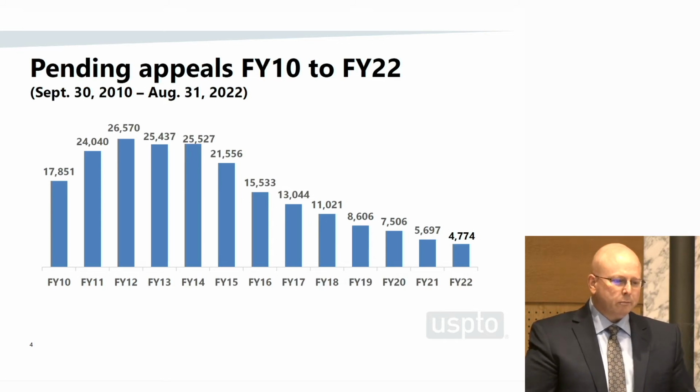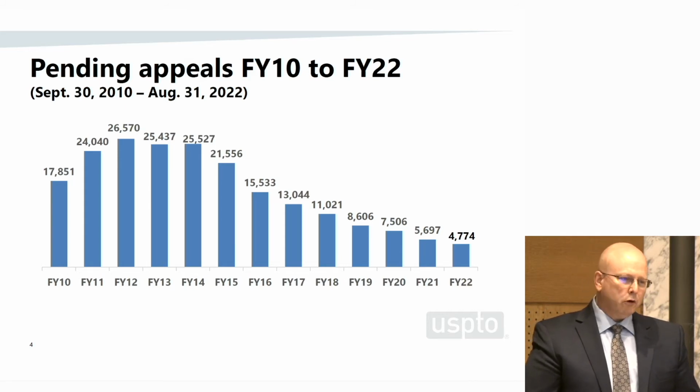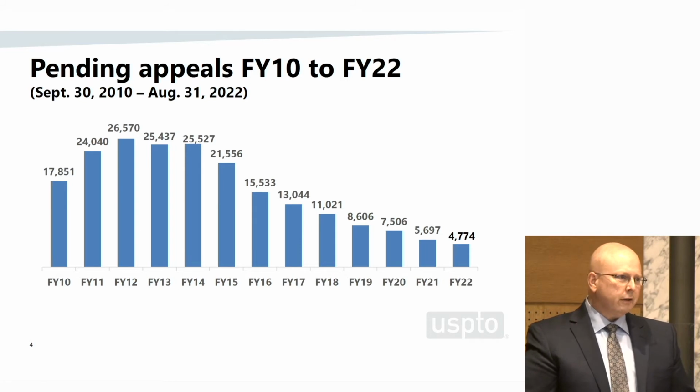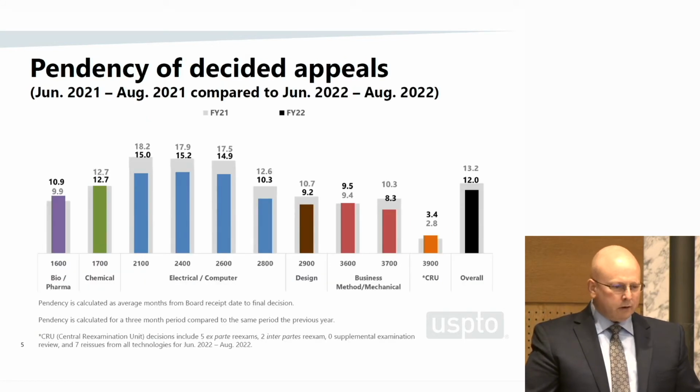It really reached its peak around 2012 before we were able to start hiring and to bring the appeal backlog down. You can see that through some tremendous effort by my colleagues at the PTAB, over many years, we're now under 5,000 appeals in our inventory. And that's about where we want to be.